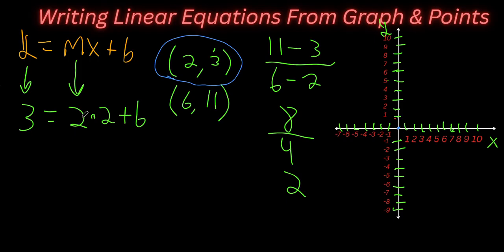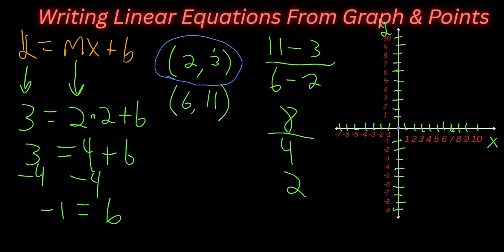Now you'll see in this equation, the only unknown remaining is b, or our y-intercept. So let's compute. 4 plus b equals 3. If we subtract 4 from both sides, we find that -1 equals b. Alright, so to finish it off, our final slope-intercept equation is y equals 2x minus 1.